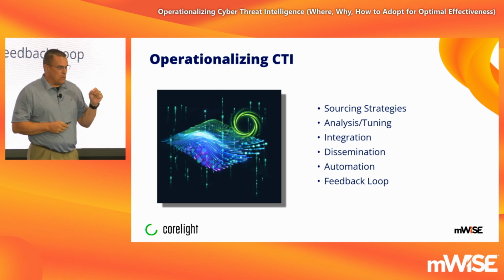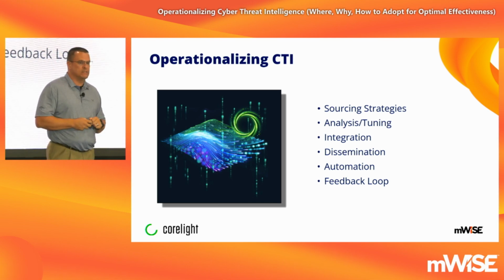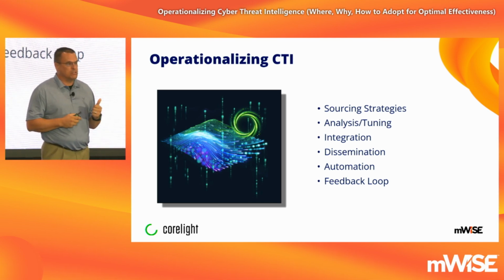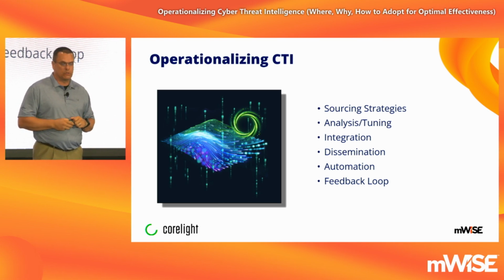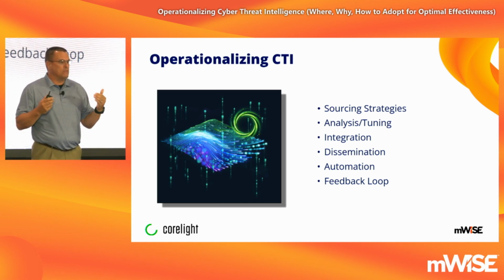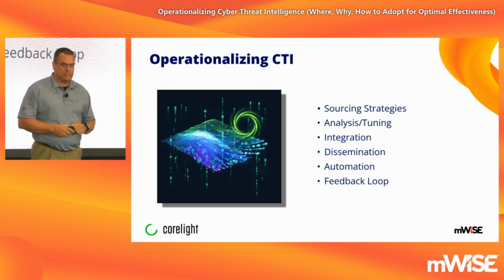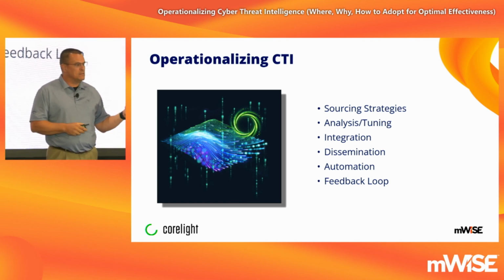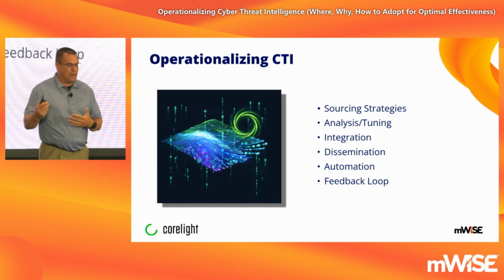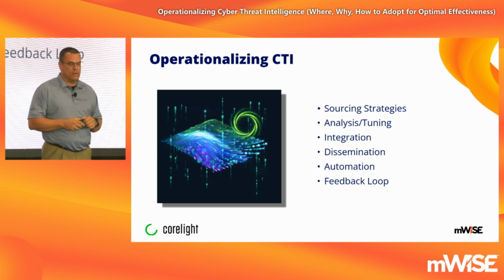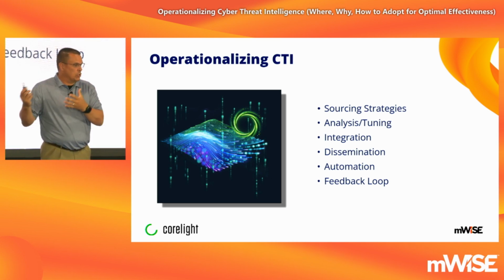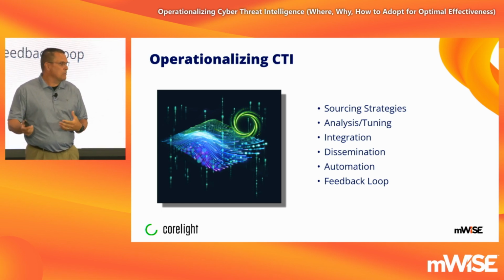So the first step we want to talk about is sourcing. You have to have a good source for that. You want to gather threat intelligence from various sources. You're probably not going to have a single source that's going to cover everything you need. Whether this is OSINT, open source intelligence, commercial threat feeds like Google Threat Intel, Mandiant Advantage Threat Intel, CrowdStrike's Falcon X, Proofpoint, there's internal data, blog posts that you might get.